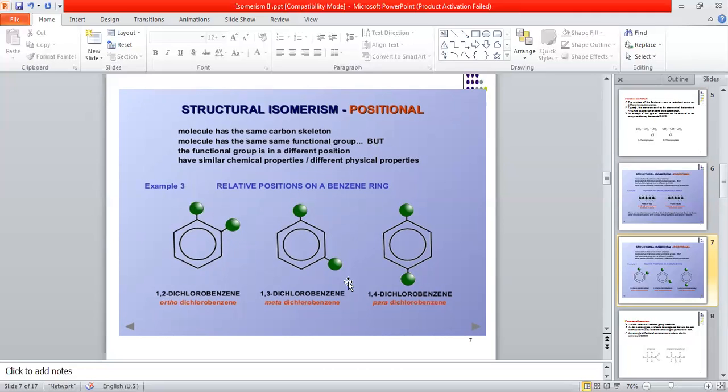Here again the position number is changed, 1, 3, here 1, 2, 1, 3, and here 1, 4. So if the particular atoms are found at this position, that one is called ortho. This position, third, that one is called meta. And this particular one at the bottom side, if it is found, that one is called para. So this is ortho, meta, and para dichlorobenzene, or 1, 2, 1, 3, 1, 4.